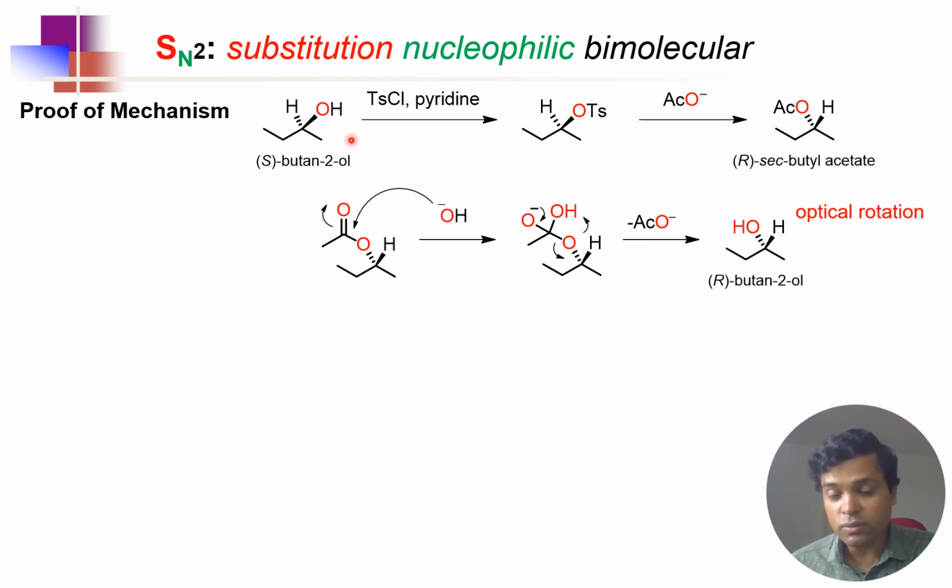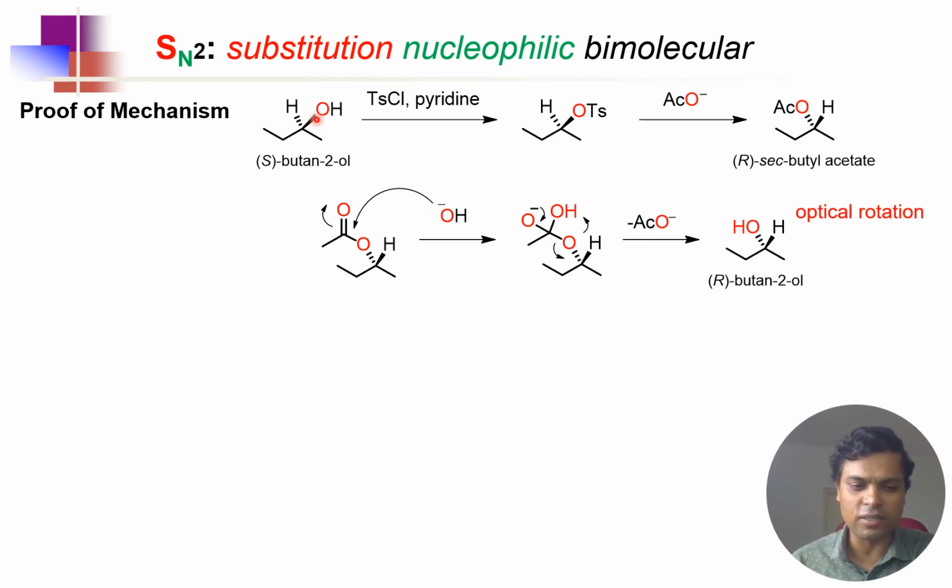Now what you should do is measure the optical rotation. Optical rotation is actually an experimental method to identify whether the molecule is chiral or not. So if you have S-butanol, for example, whatever value it gives in optical rotation, it could be clockwise rotation or anti-clockwise rotation, so plus or minus.